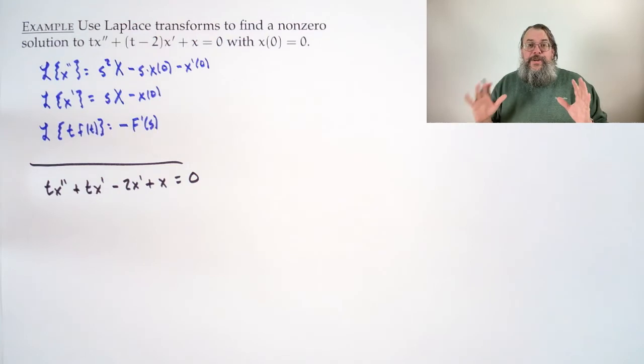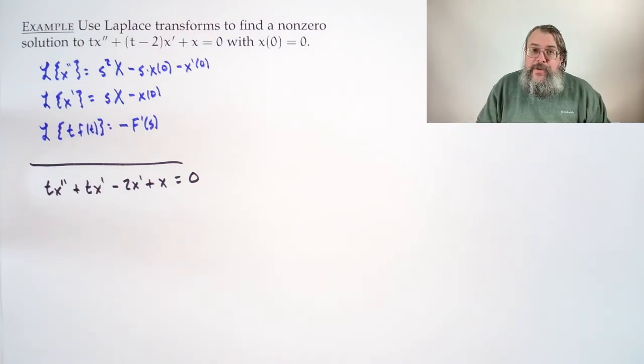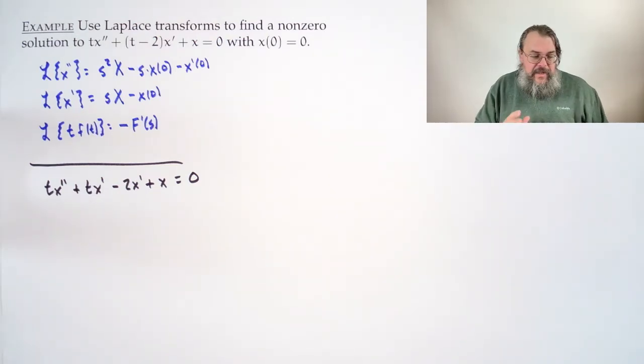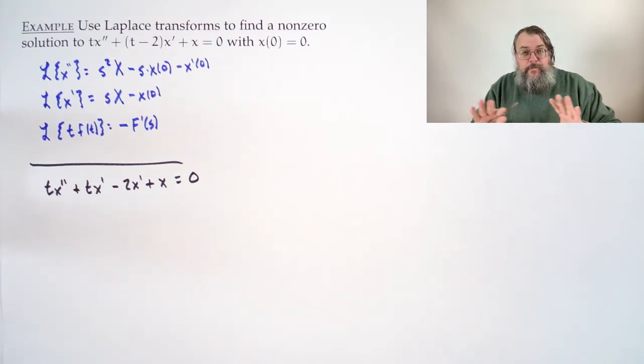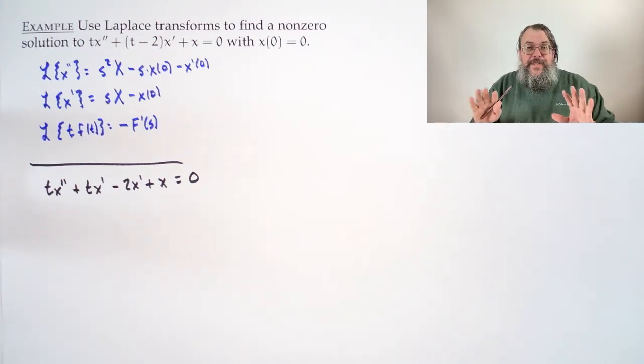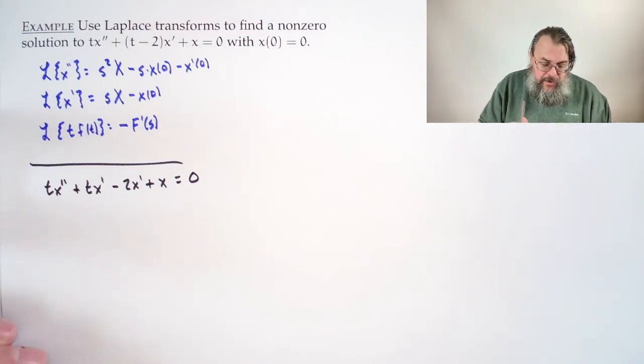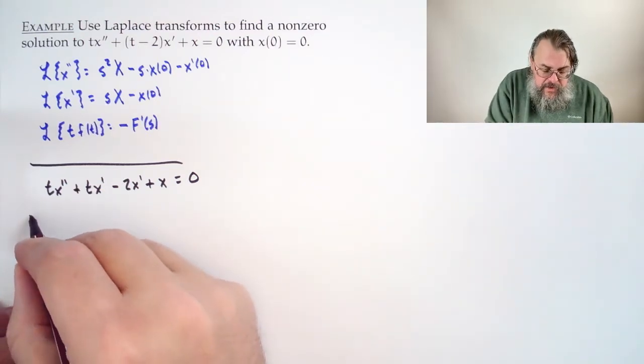All right, so here we go. We're going to go through this a little slowly to start, and then we'll make sure we don't get lost in the details. We are going to take the Laplace transform of everything.